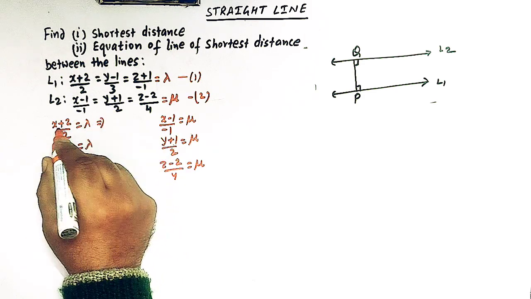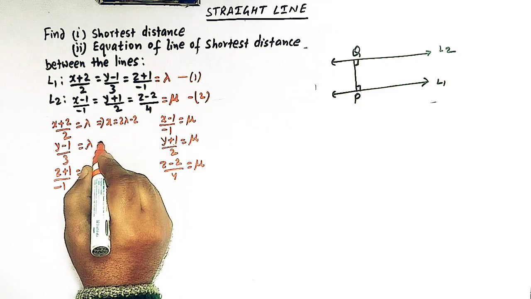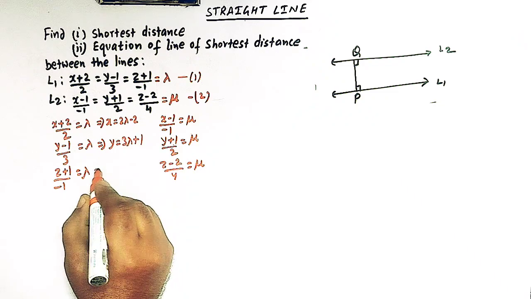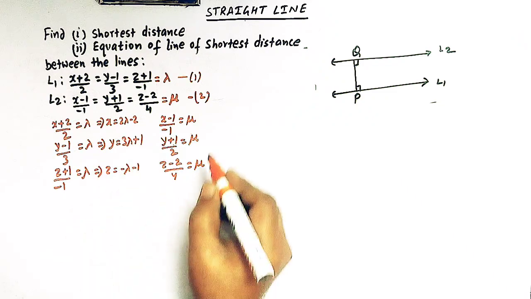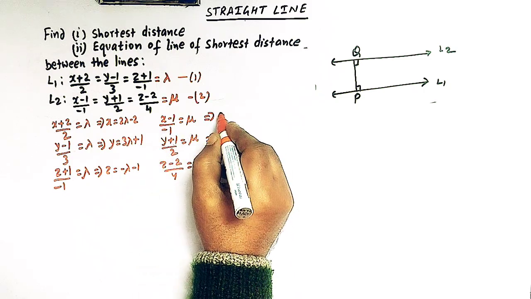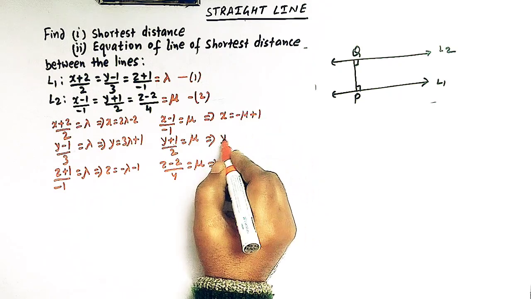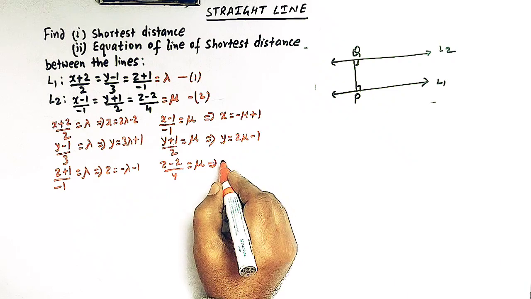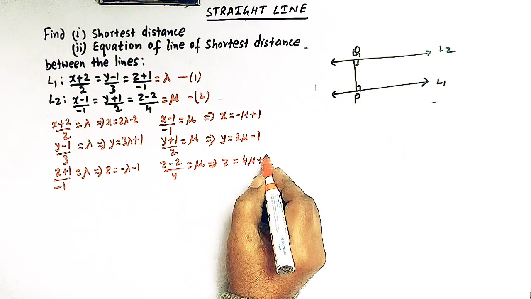So from here we can write x is equal to 2 lambda minus 2, y is equal to 3 lambda plus 1, and z is equal to minus lambda minus 1. And similarly, x is equal to minus mu plus 1, y is equal to 2 mu minus 1, and z is equal to 4 mu plus 2.